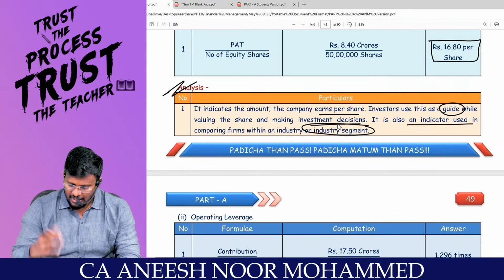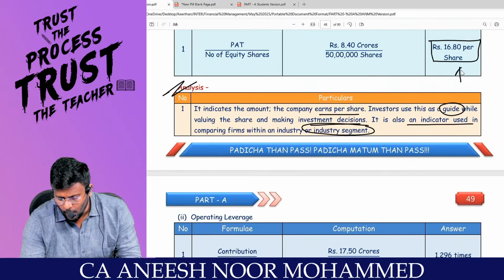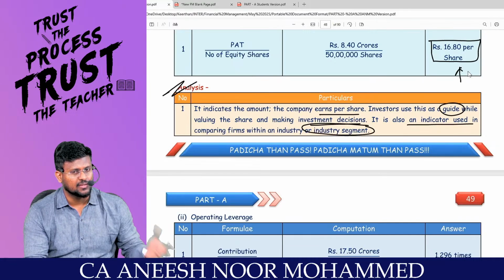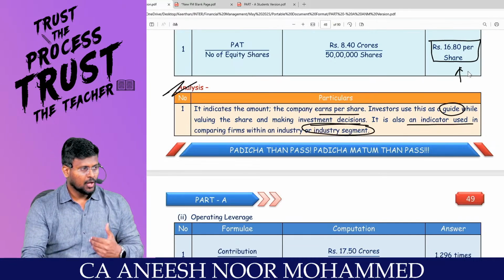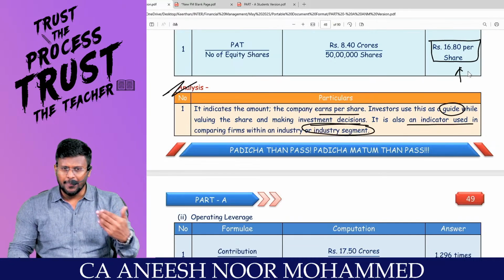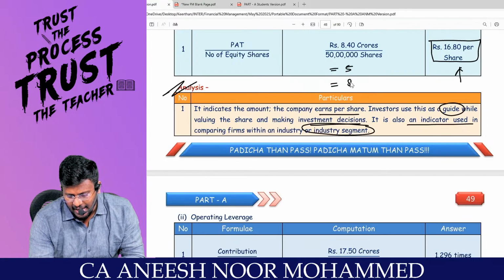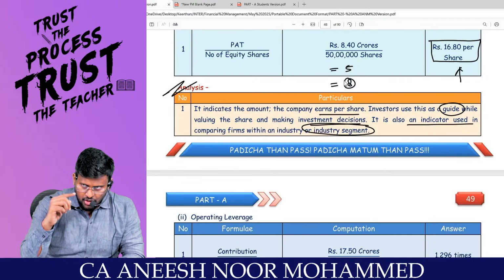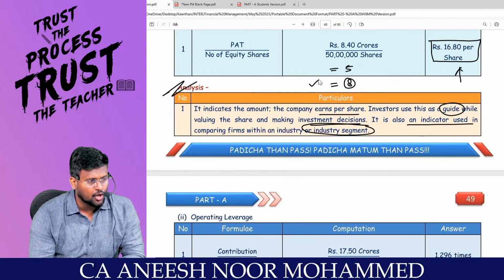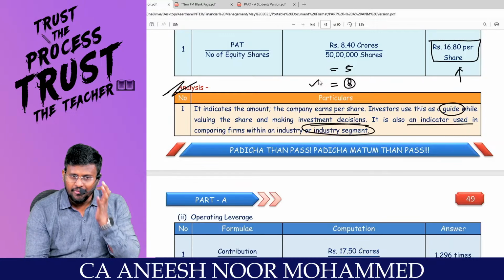Correct, sir? The same way, a share having more EPS will have more value in the market, because EPS shows the earning capacity of a share. For example, one share's EPS is 5 and the other share's is 8. Then in the share market, automatically, this share will have the higher value.